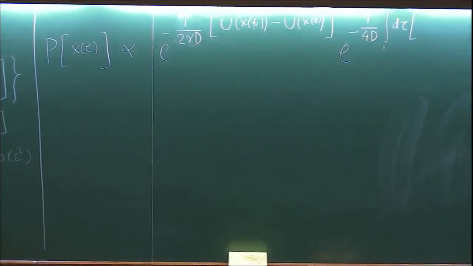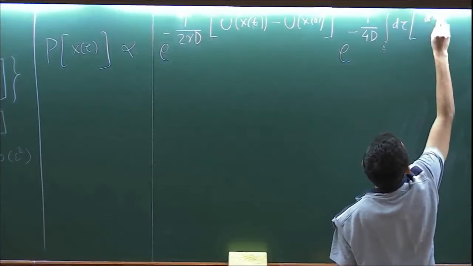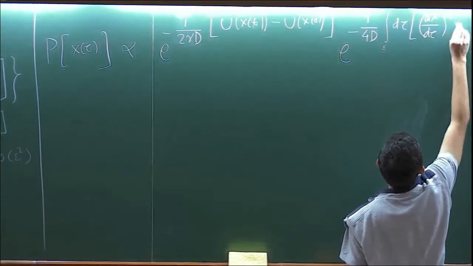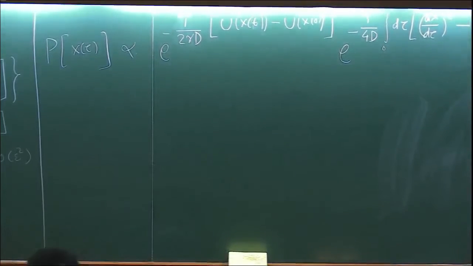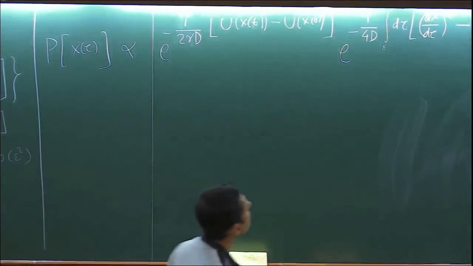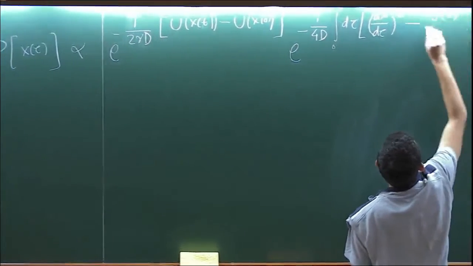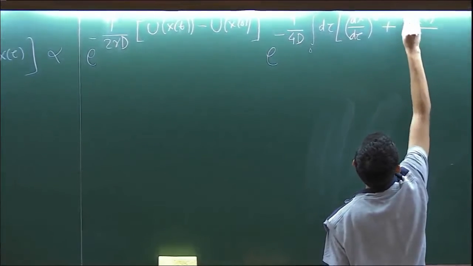There is a term del x del tau, then there is this term, plus, by, whole square.